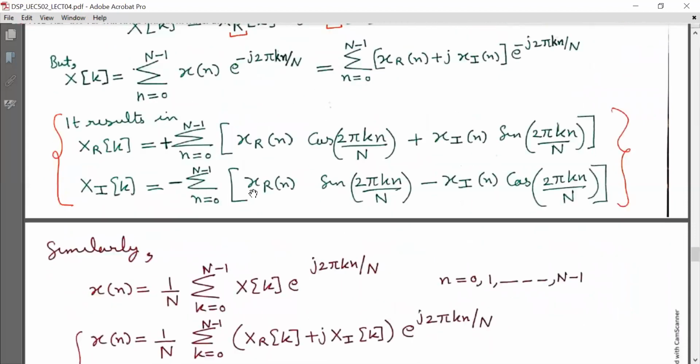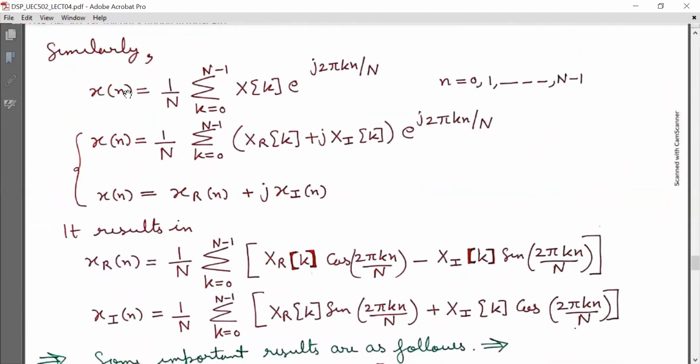So we can calculate the real and imaginary part of DFTs also using the real and imaginary part of the discrete time domain sequence by using this formula.